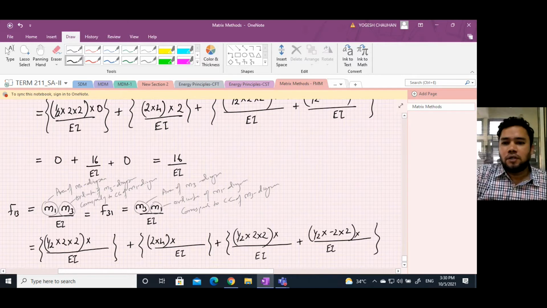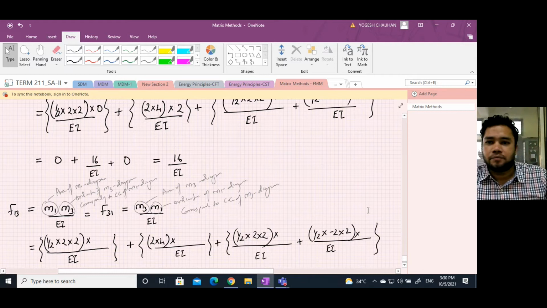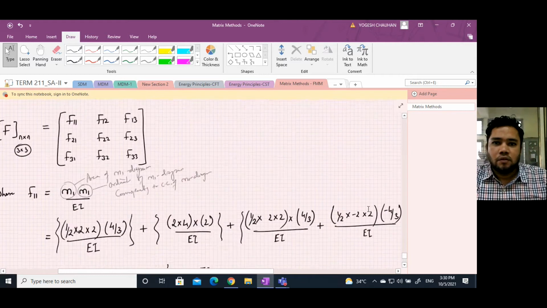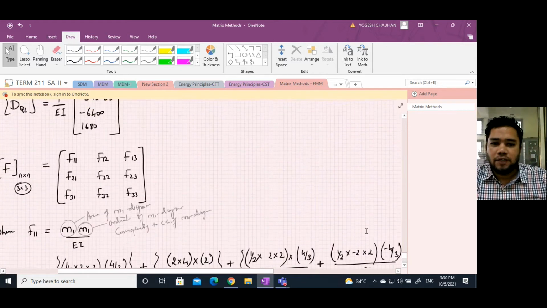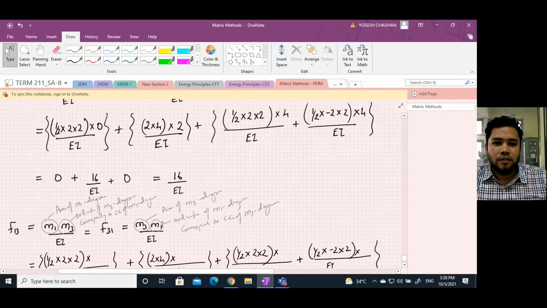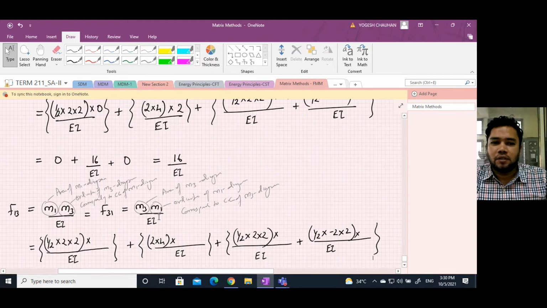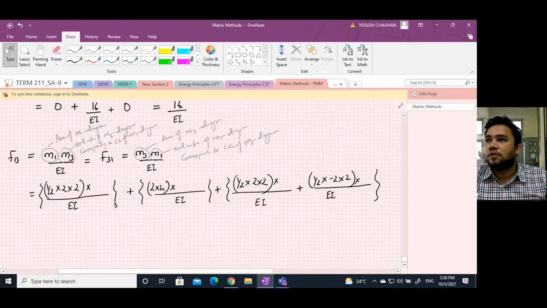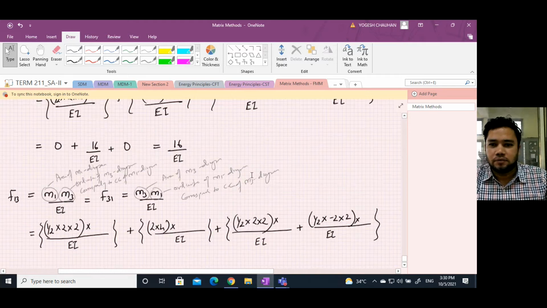Okay, now let us find the ordinates in M3 diagram. See, you can verify at your end. If you find the area of M3 diagram and take the corresponding ordinate in M1 diagram, final answer will be the same as this value. Because flexibility matrix is a symmetric matrix, these two values should be same. And if they are different, that means you are making some mistakes.